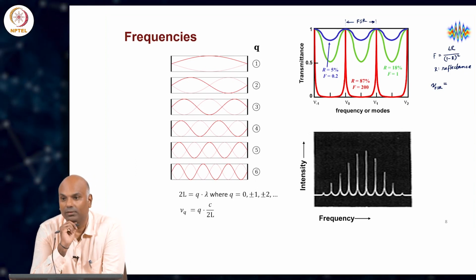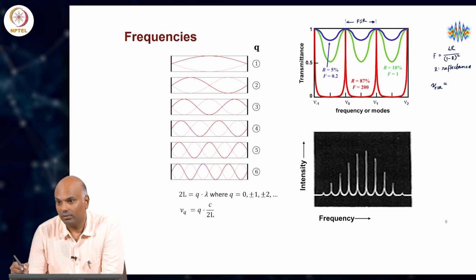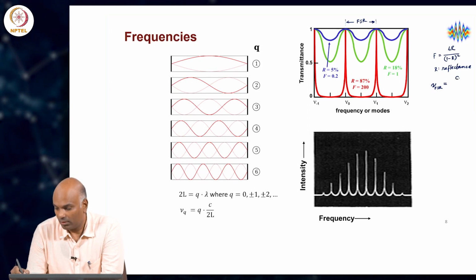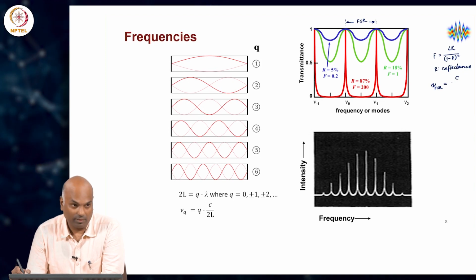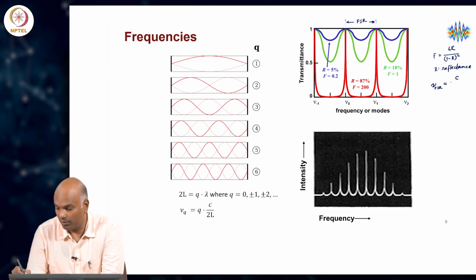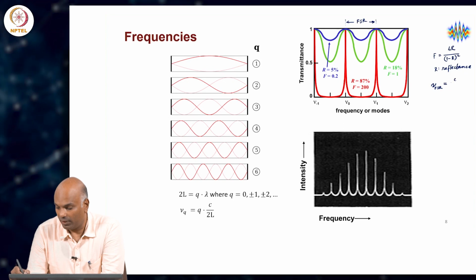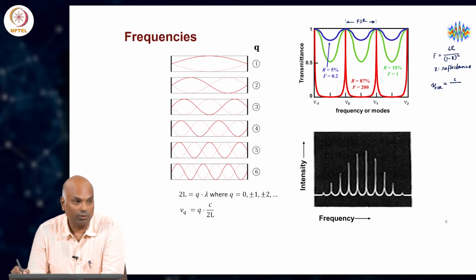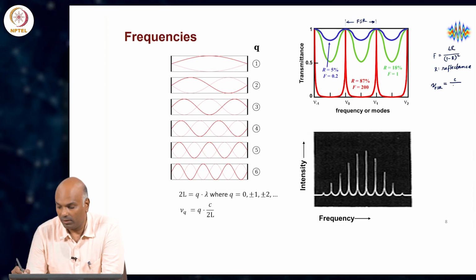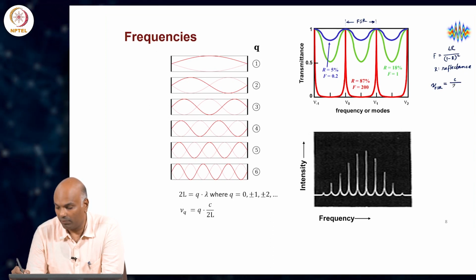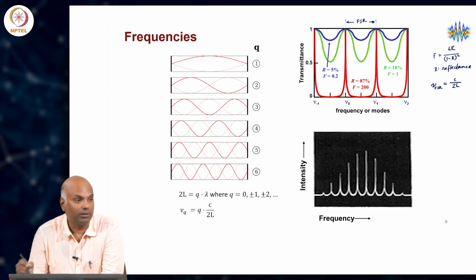Speed of light divided by total round trip length. C is the speed of light even in the medium. So, we usually use this symbol for the in vacuo speed of light, but let us take that to be the speed, the magnitude of the velocity, divided by round trip length.